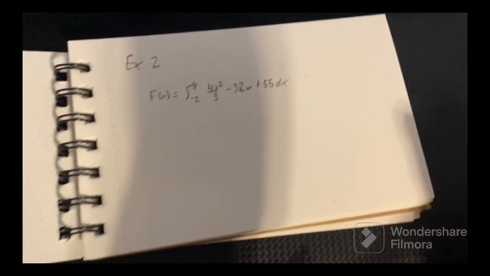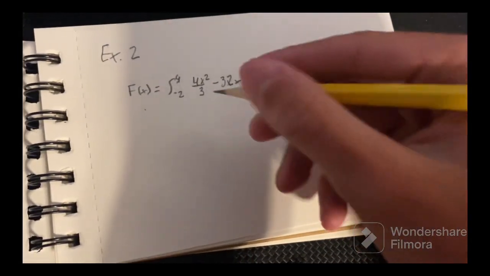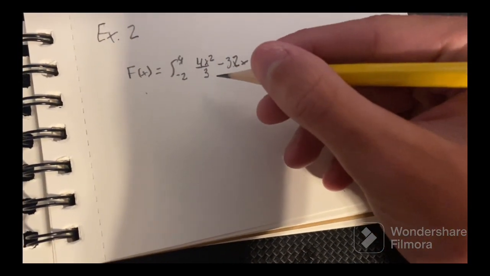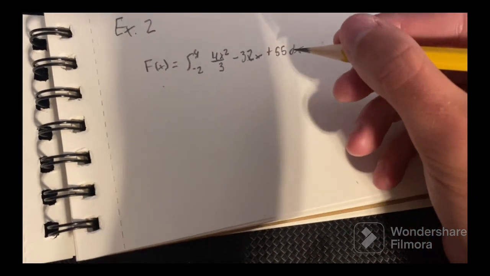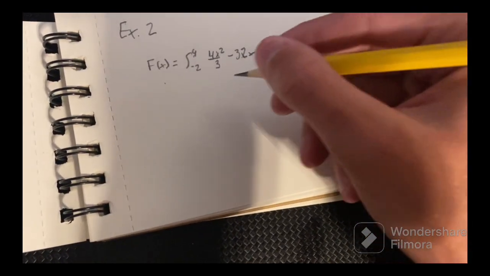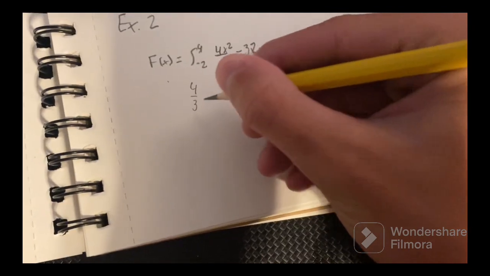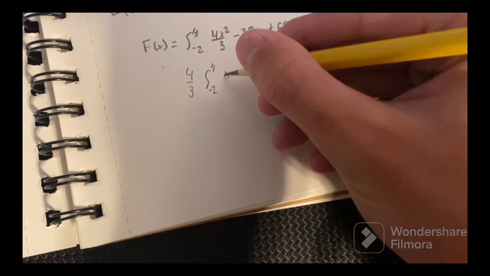The next one, example 2, is f of x equal to the integral from -2 to 4 of 4x squared over 3 minus 32x, sorry about that, plus 55 dx. So what we're going to want to do, we're going to split these up again. This time we're going to do a little bit different. We're going to take 4/3 out, and we're going to do -2 to 4 of x squared.